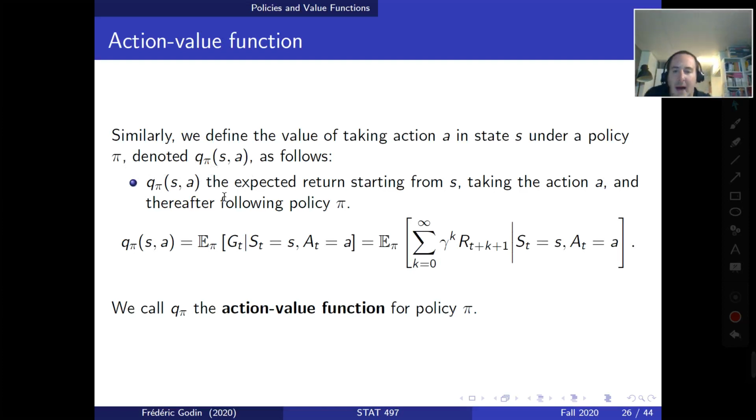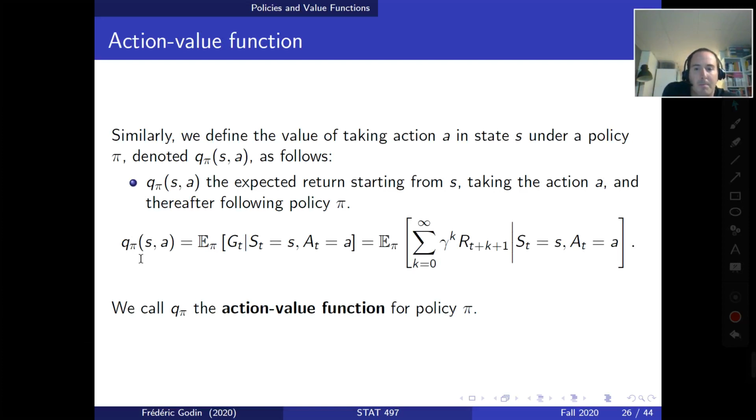Q pi (s, a) is the expected return if we start in state s, take action a immediately, and then for all subsequent actions, we follow the policy pi. So Q pi (s, a) entails starting in state s, taking action a right now, and then for all subsequent actions in subsequent states, the action will be determined by your policy pi.